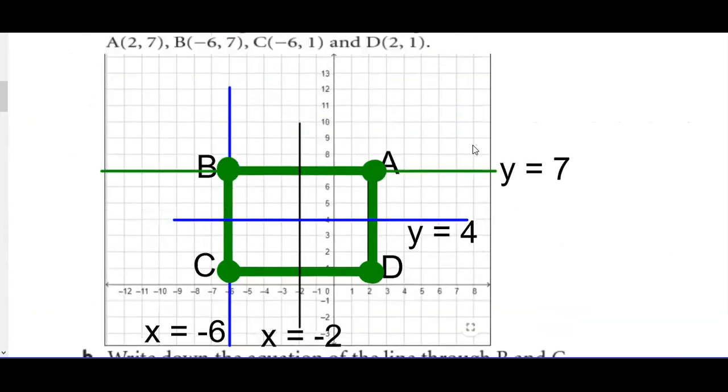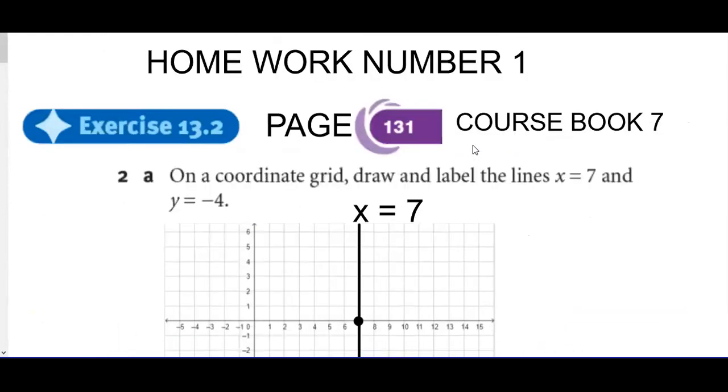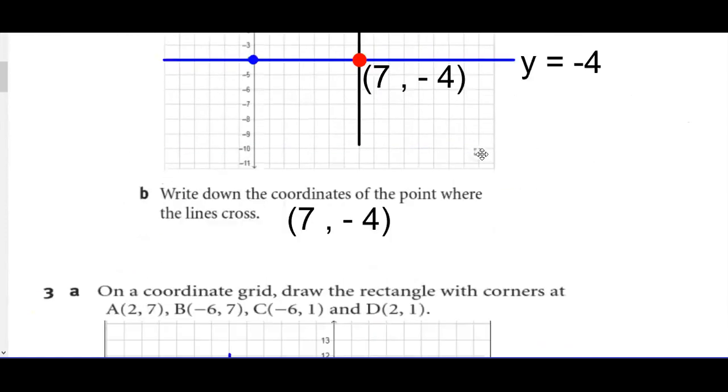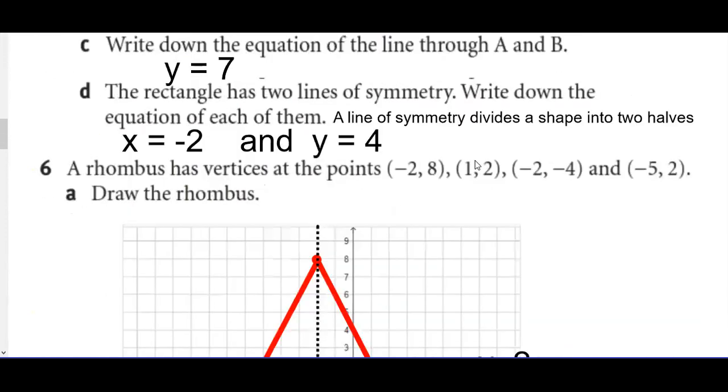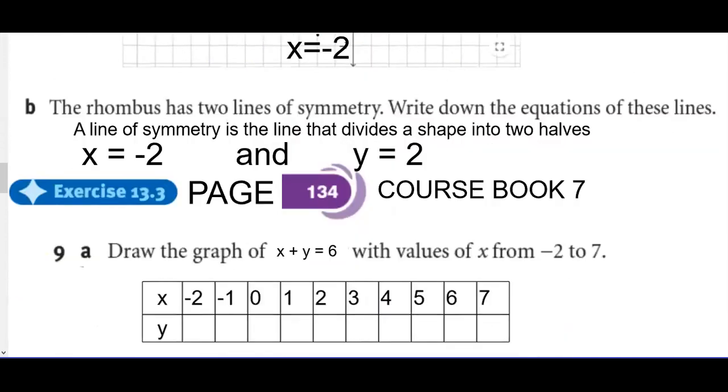These are quick answers which I have gone through, and let us continue to, I guess, homework number 2. All right, so there we go. Is this homework number 2 now?